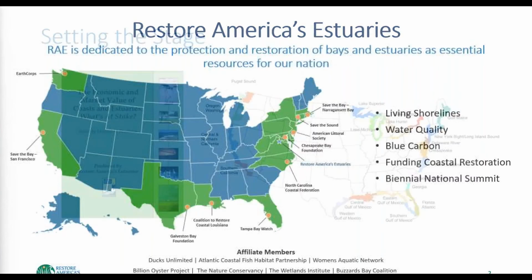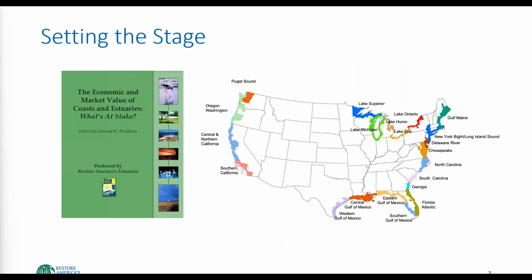I'm going to be talking today about a study that we recently completed on the economic value of estuaries to the U.S. economy. This is an update of a study that we completed in 2009, and we realized that after a decade, it was time to assess the changes that had happened over that time. The original study focused on traditional demographic and economic parameters.